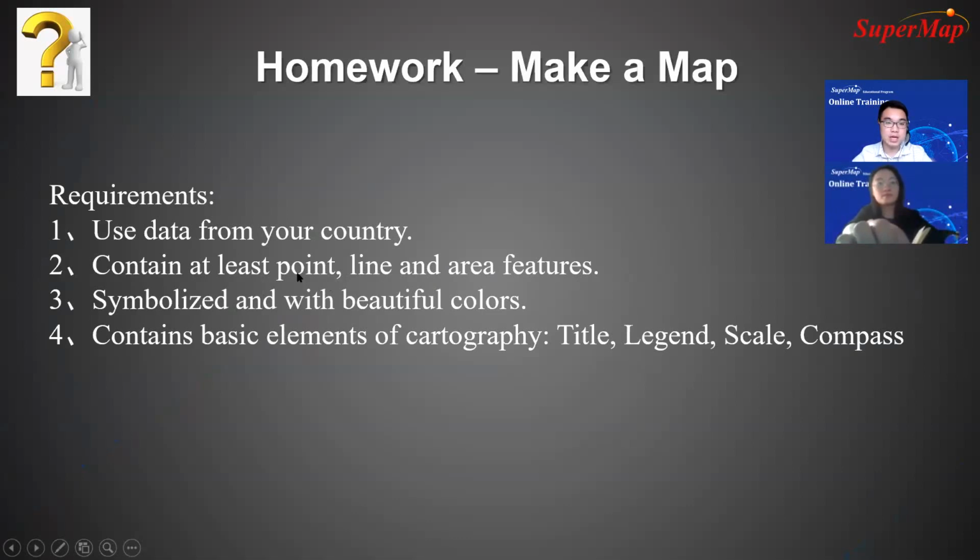The map should contain at least point, line, and area features. And for the map effect, you should do the symbolization and set beautiful colors for your maps. And when you do the layouts, you have to set all the cartography elements like the title, legend, scale bar, or the compass.